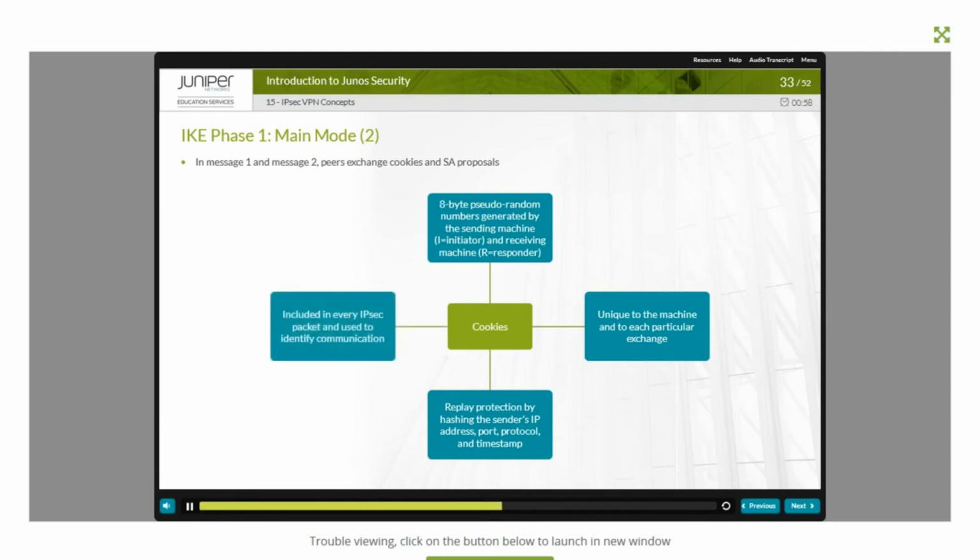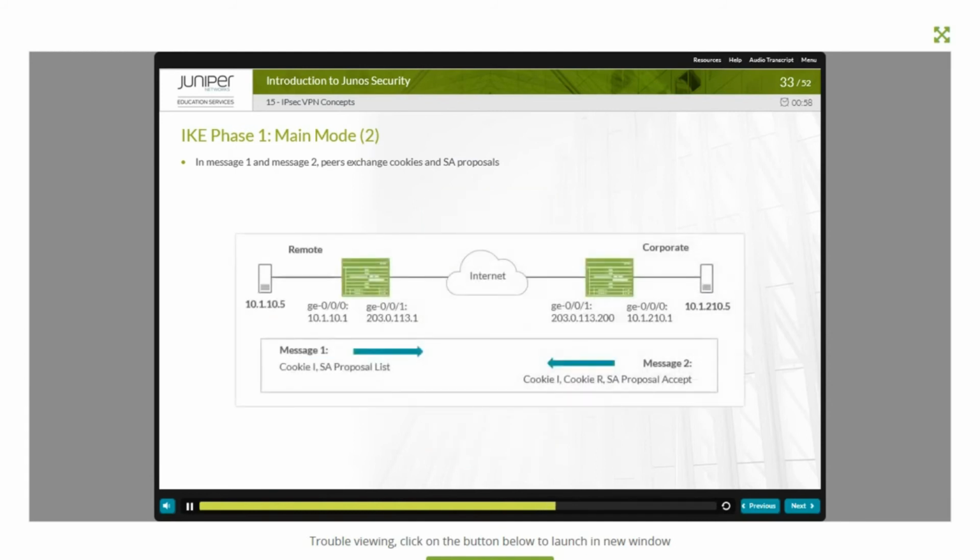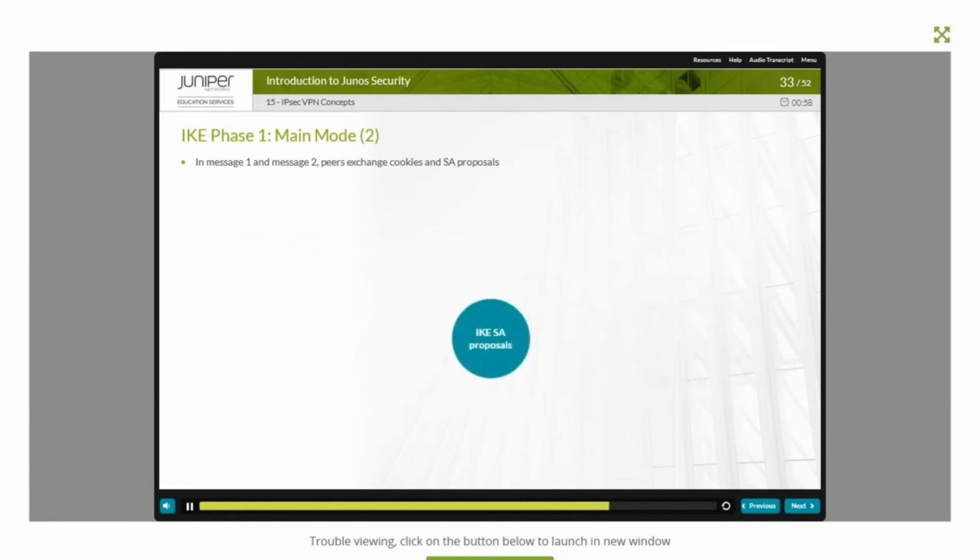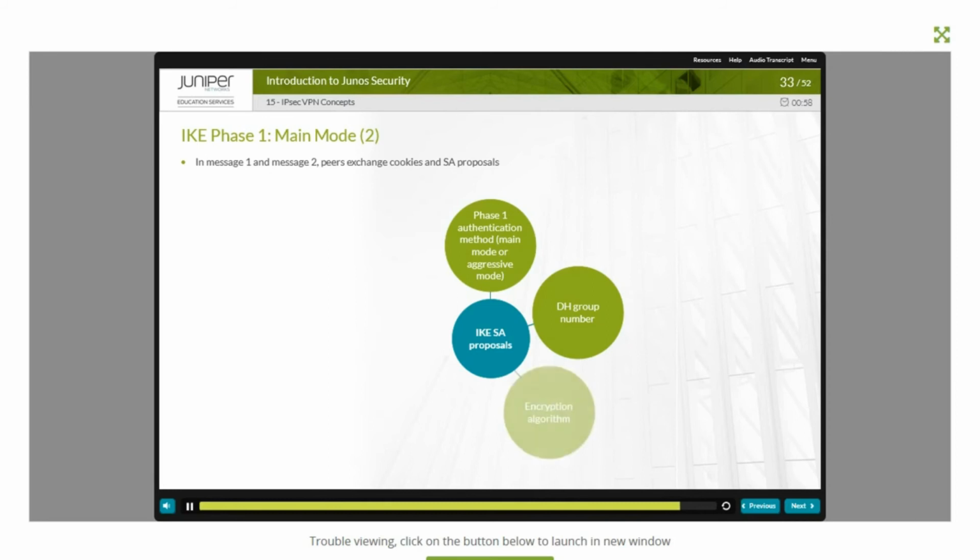Hence, they are included in every IPsec packet and used to identify communication. In turn, the receptor inserts its known cookie in Message 2 if it accepts the SA proposal. The IKE SA proposal contains the Phase 1 authentication method, either main mode or aggressive mode, DH group number, encryption algorithm, authentication algorithm, and key lifetime.